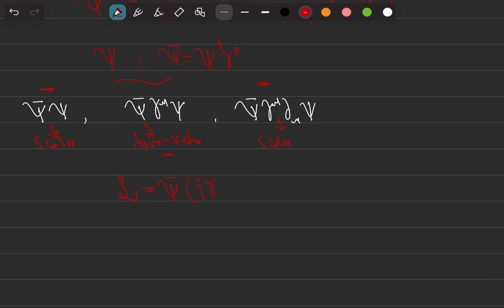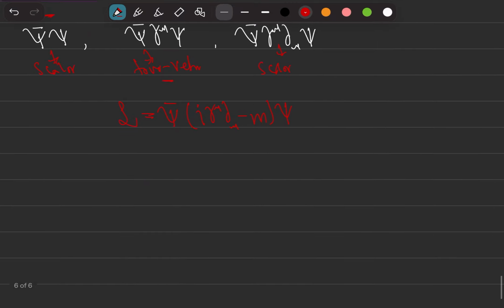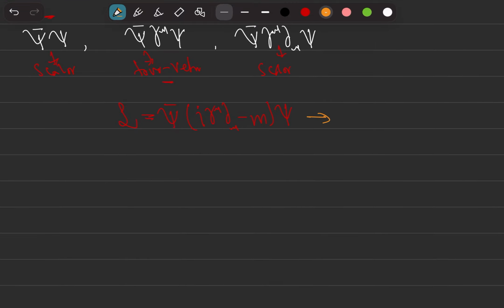Psi bar, iota gamma mu partial mu minus m, psi. This is your Dirac Lagrangian.